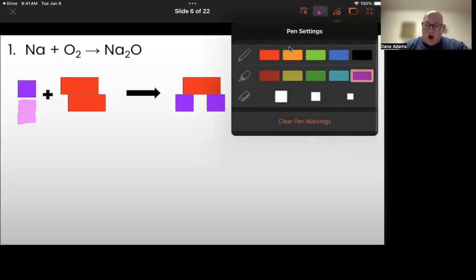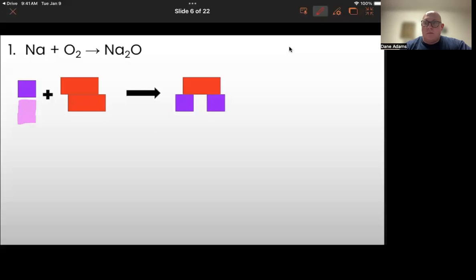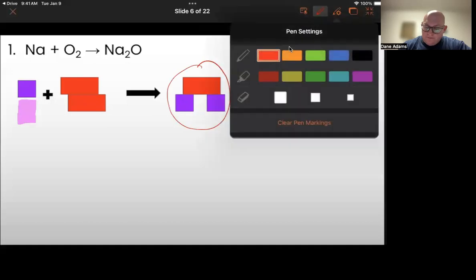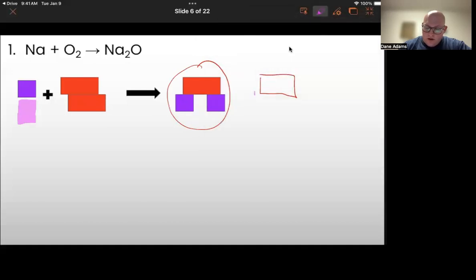But again, I cannot add just a random oxygen atom. What I can do is duplicate this whole thing. That's the only option I can do. So I have to do it. I will duplicate. I'll make another Na2O. Sorry for the drawings, it's the best I got. So now I have two oxygens on the left and two on the right.